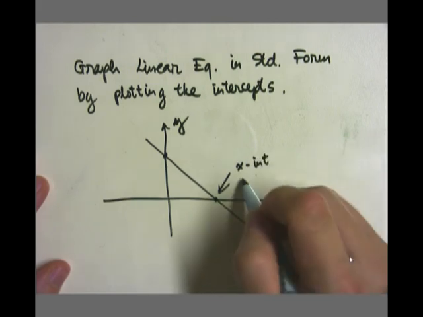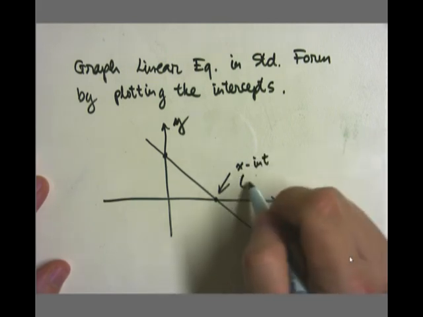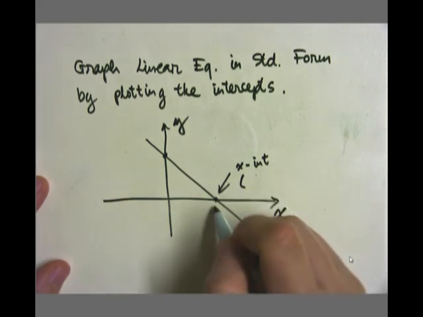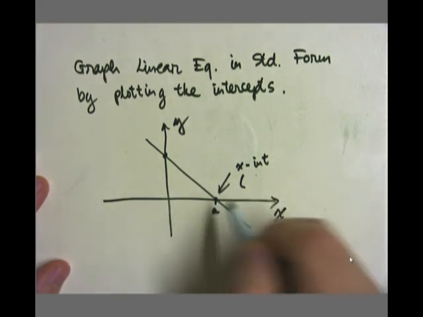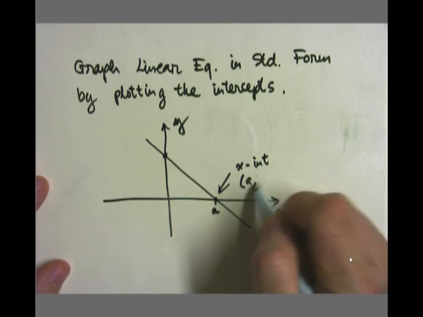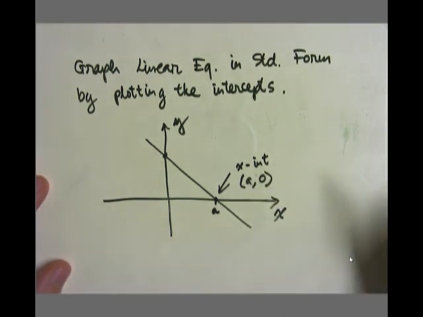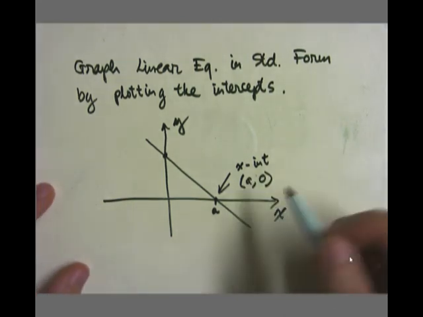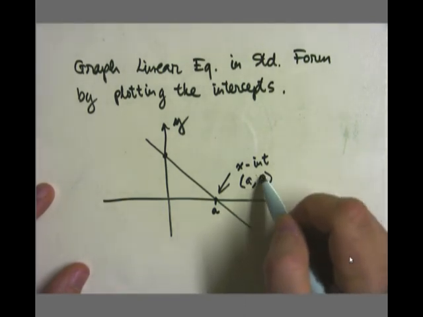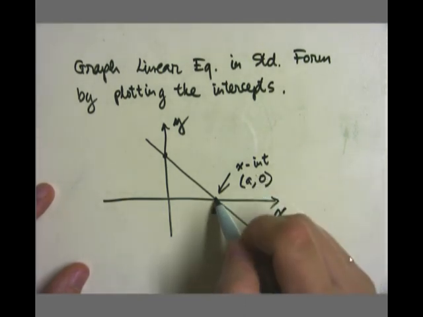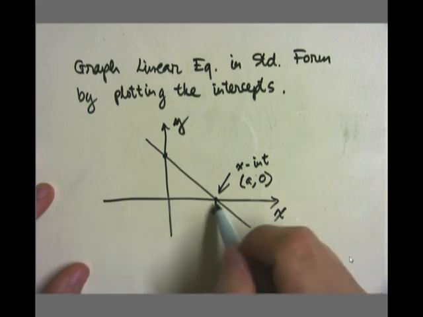The coordinates always have some a value, so it has coordinates a comma 0. The reason we have a 0 coordinate for y is because the crossing point is sitting right on the x-axis, meaning we have 0 for y.